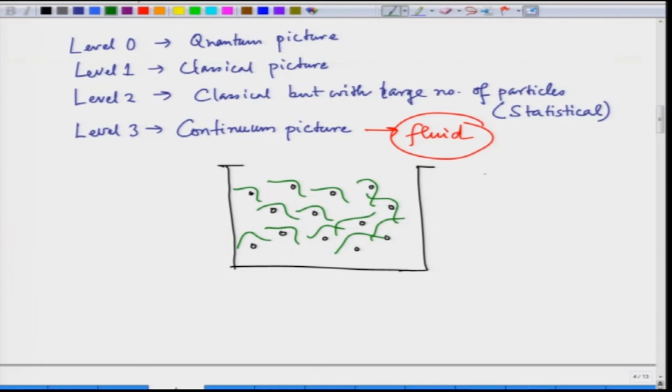Now, what de Broglie says is that the wavelength will be h, the Planck's constant, divided by p, where p is the momentum of the particle.